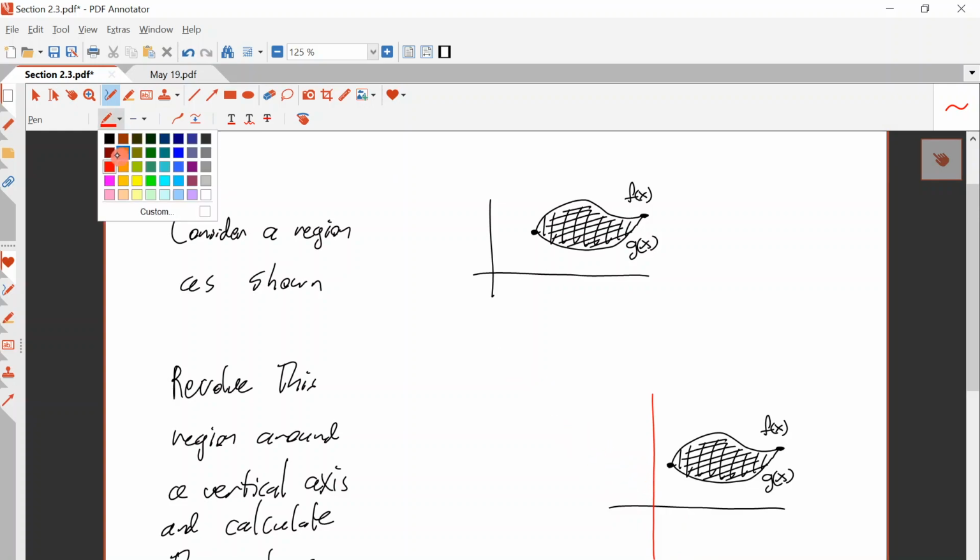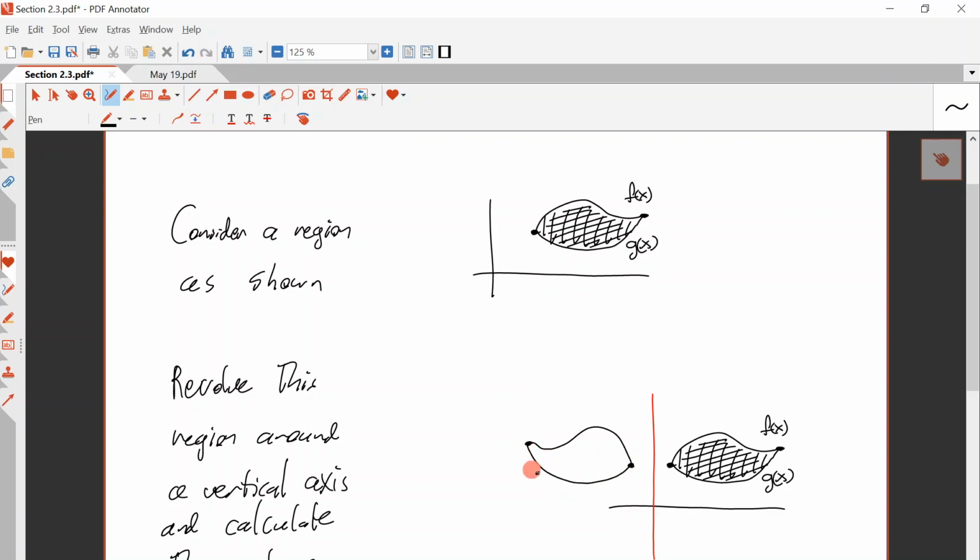And then what you get is a solid, like a nice mustache shape, made by revolving this region about that axis. So something looking like that.